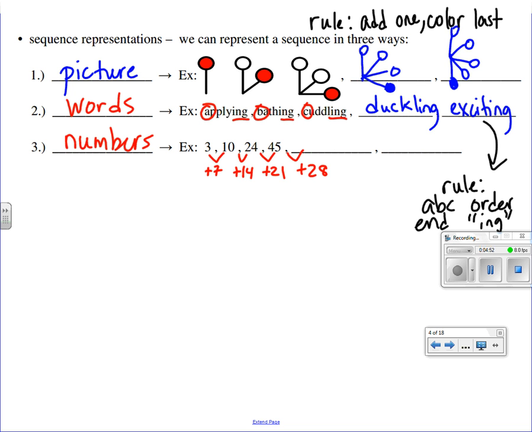Okay, so you may use a calculator if you have one. 45 plus 28. Okay. All right, and Mason, what are we going to add to the next one? Very good. Okay, anybody, 73 plus 35? All right, you don't need to write the rule, but what is the rule?